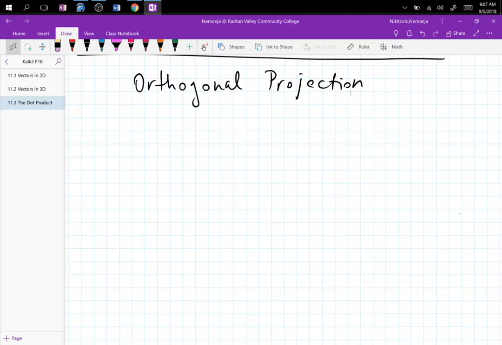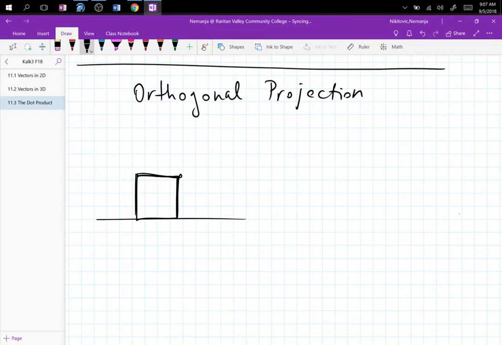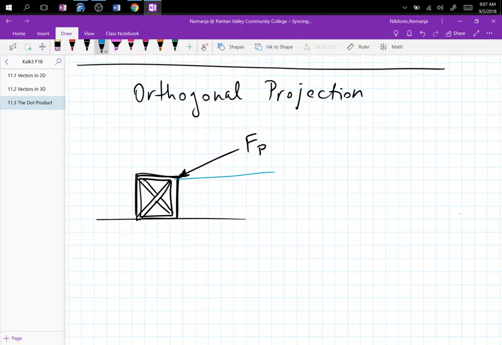So if you are considering the situation with a crate, and you have the vector F_P, the force of a push, you know that the only component which would do the work is the horizontal component parallel to the floor.